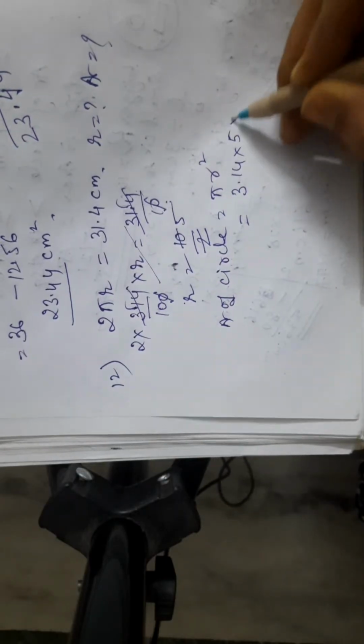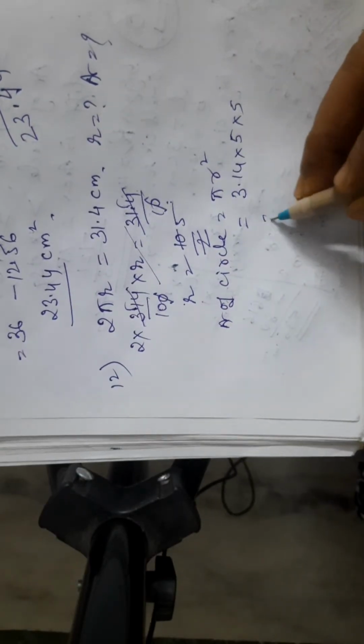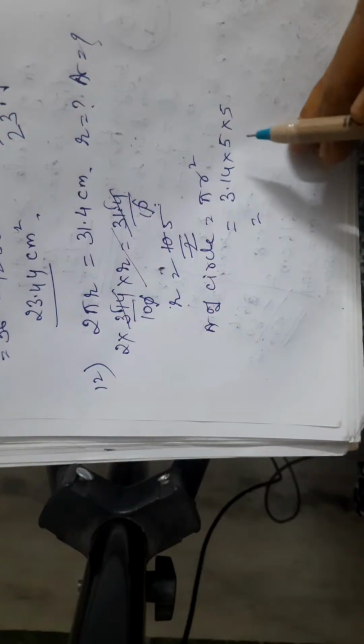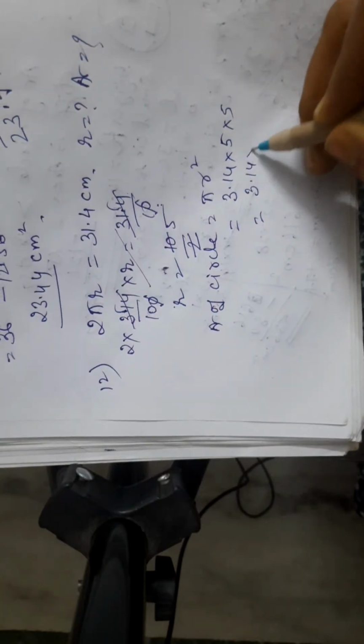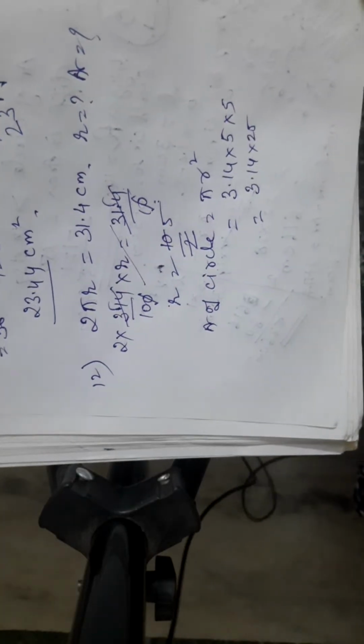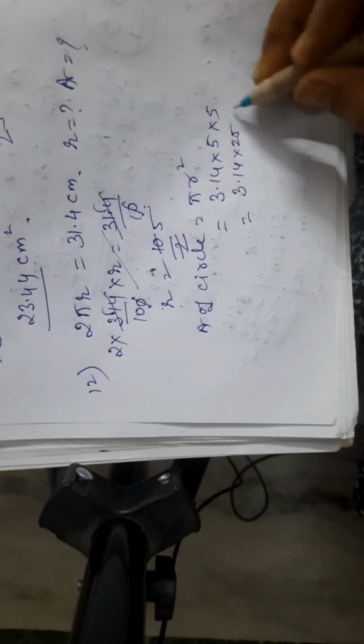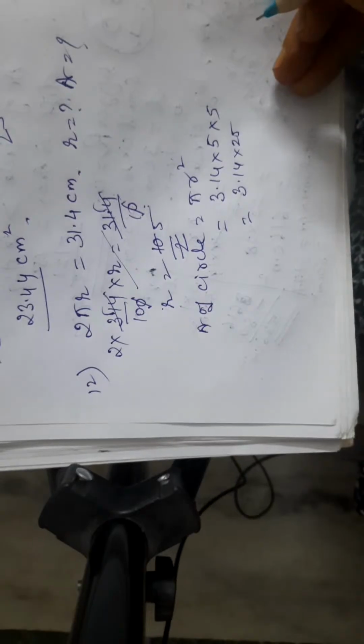Radius is given as 5. Will you complete the calculations and say? Multiply and give the answer. See here, for this kind of calculation, as we got 3.14 multiplied by 25, we can have a simple trick of multiplication. Multiply and divide by 4, so it will be 100.